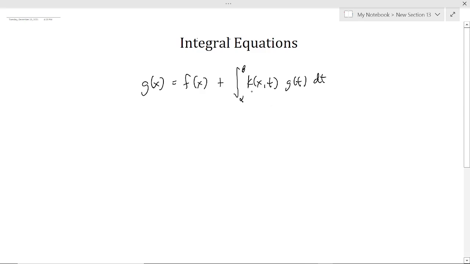Now here we can see that inside the integral, this is what we call the kernel. And alpha and beta are actually the limits of integration.